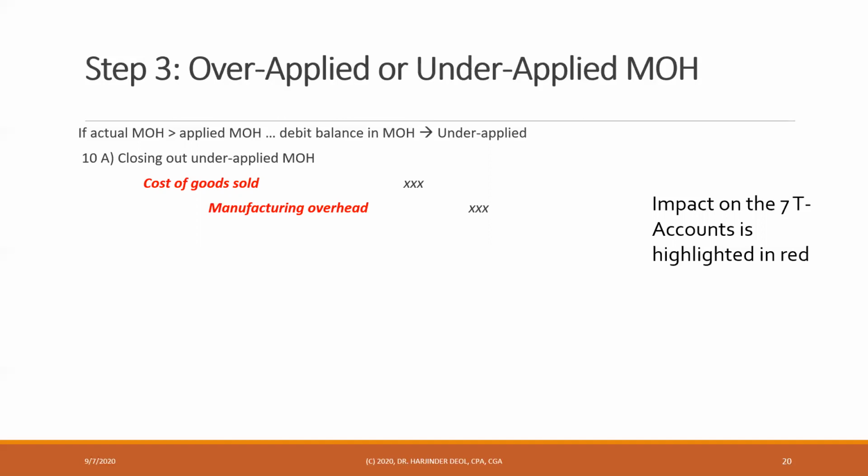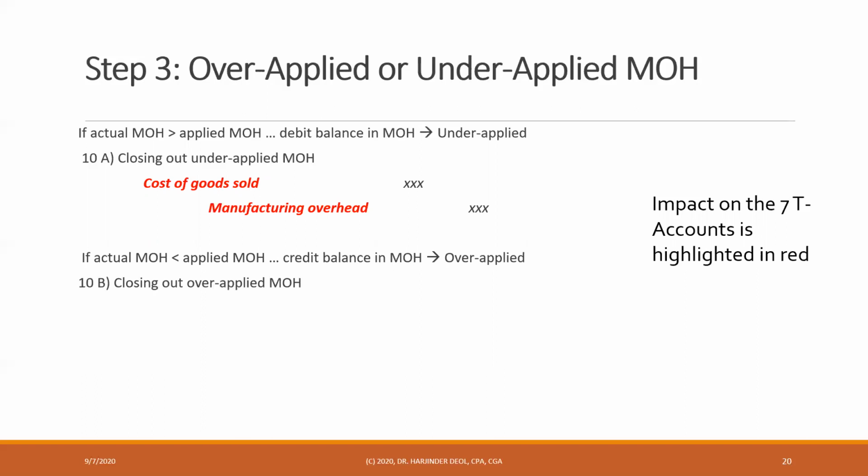Now, the opposite may also be true. We can have the actual manufacturing overhead being less than the applied manufacturing overhead. This will imply a credit balance in the manufacturing overhead account, and we will read this as manufacturing overhead over applied. In this case, to close out the over applied manufacturing overhead, we will need to debit manufacturing overhead. And this is where the difference is with closing out an under applied manufacturing overhead.